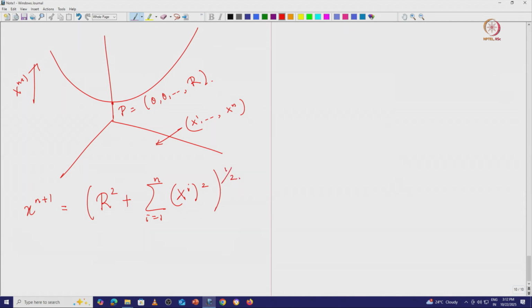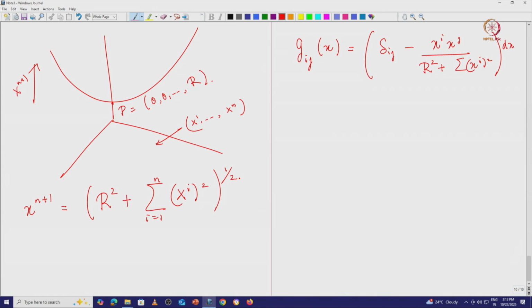Okay. So then again one can do a similar sort of calculation and end up in these graph coordinates with the following function for the metric components. In this case it turns out to be delta ij minus xi xj, so it is very similar looking to the case of the sphere, divided by r squared plus summation xi squared, times dxi dxj, right.